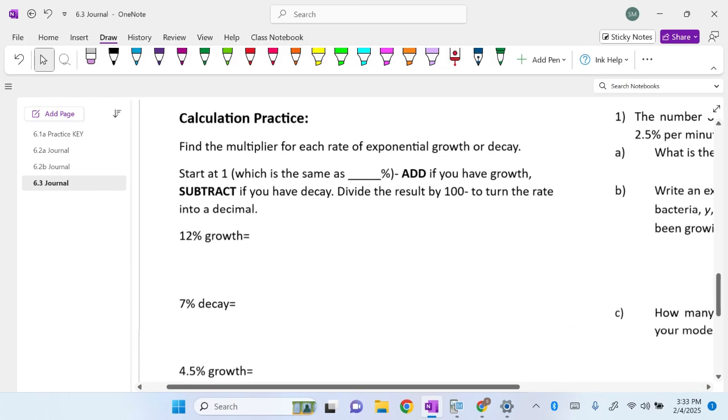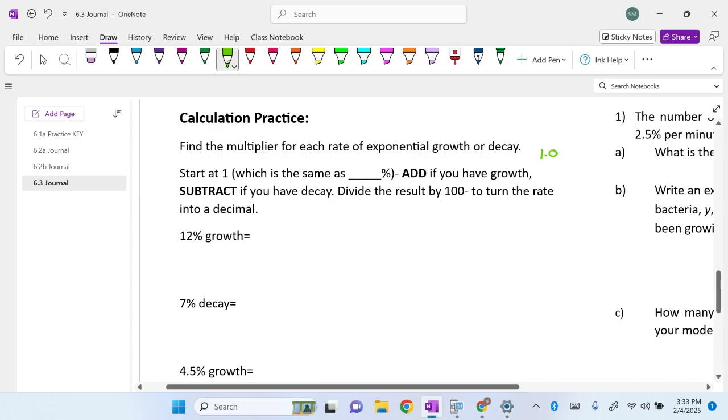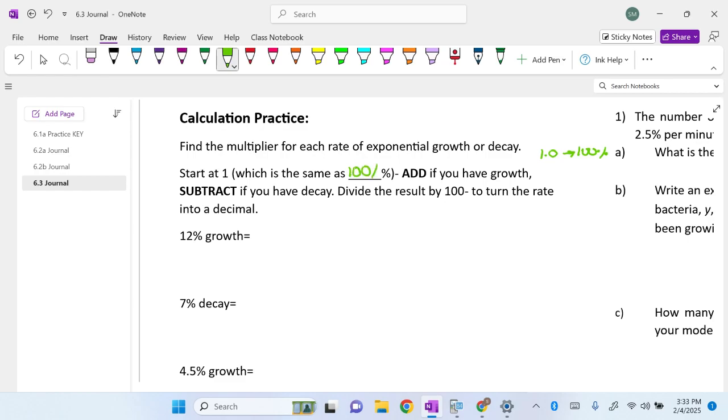So just to do some calculation practice, we're going to find the multiplier for each rate for the exponential growth and decay. So we start at 1. And remember, we are talking about decimals converted to percent. So 1, we're talking about 1.0, which converted to a percent would be 100%. So this is the same as 100%.